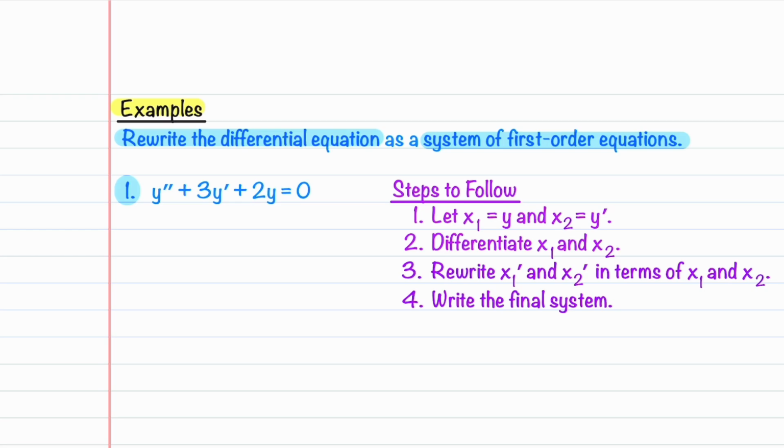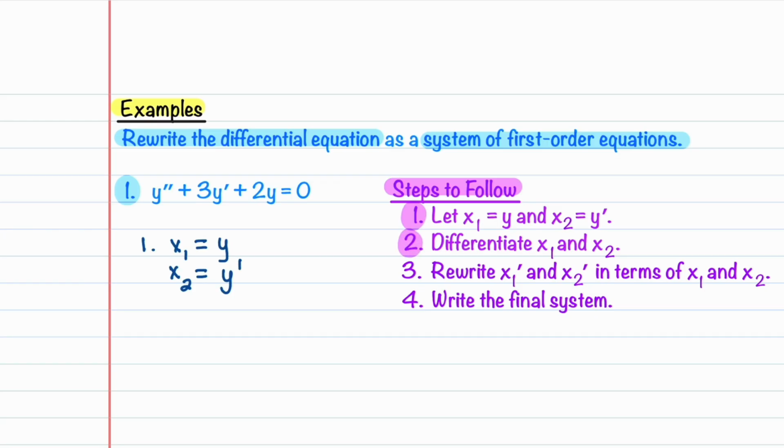To make things easier, I've written down 4 steps that we can follow, and we'll go through these steps one by one as we walk through our example. We'll begin by defining a new variable that we'll call x1, and we'll let this be equal to y. And then we're going to define another new variable x2, and we're going to let this be equal to y prime.